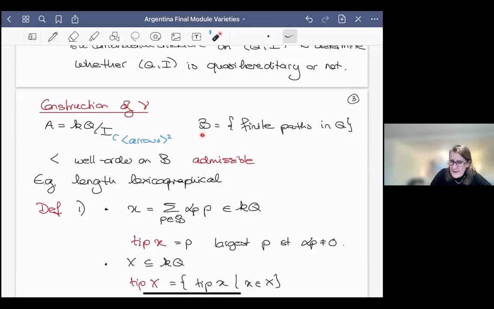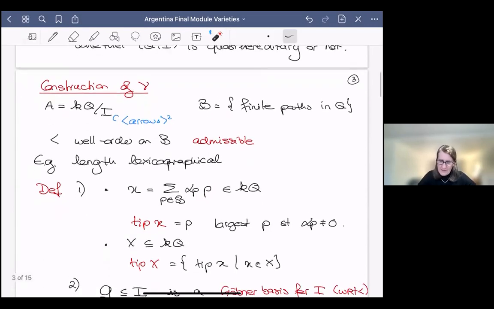And since we have this order on these paths, we pick out the longest or the greatest element in our order that has a non-zero coefficient, and we call that the tip. Maybe tip is not the best name, but it's sort of the longest element when x is expressed as a linear combination of basis elements.